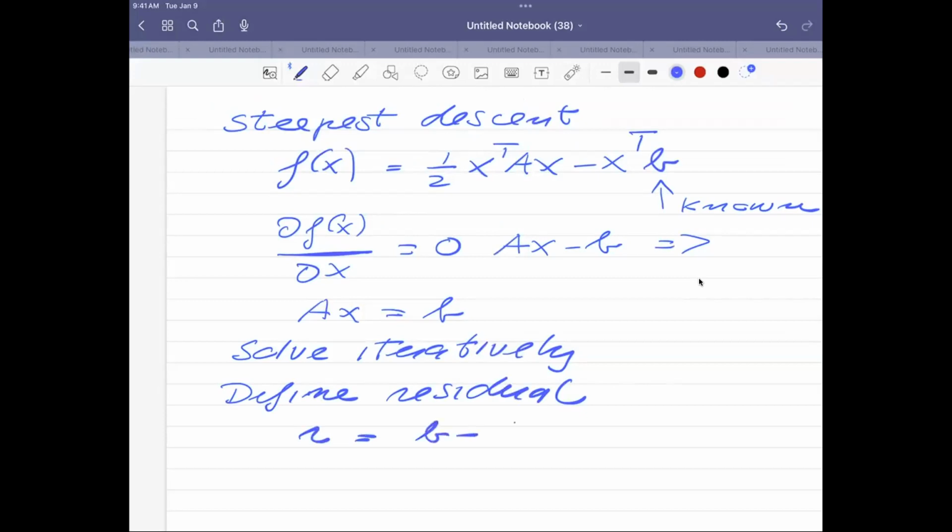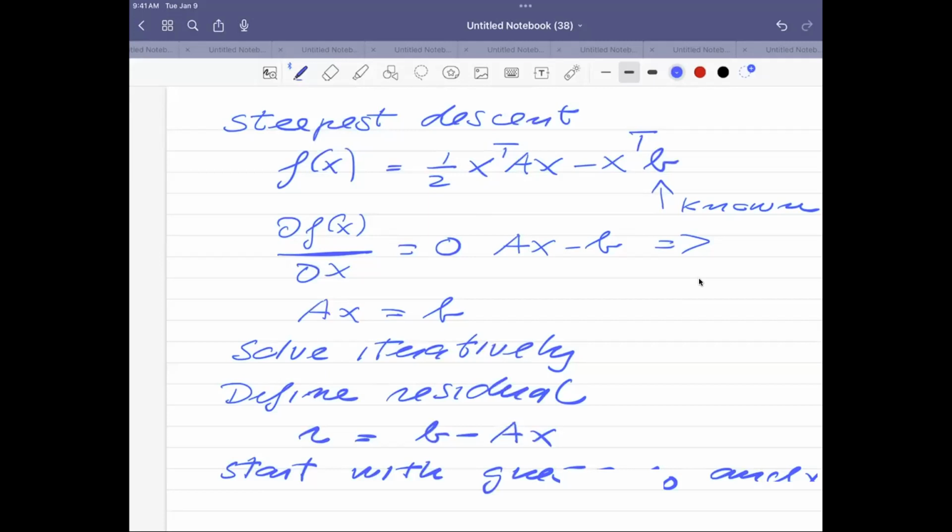R equals B minus A times x. So this is the error which we have. And you could start with a guess for R0. So you would have an R0 and an X0. So the simplest case could be actually to start with x equal to 0.